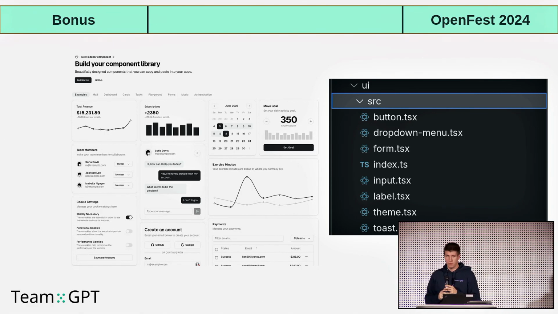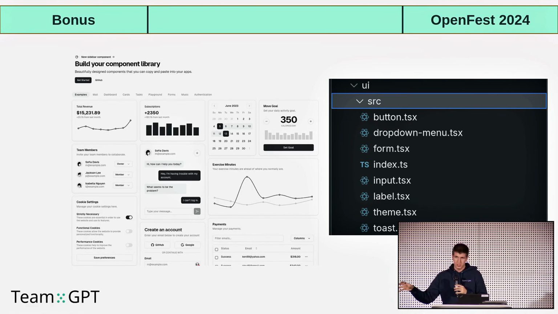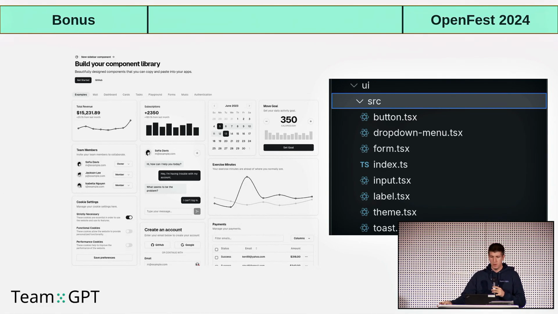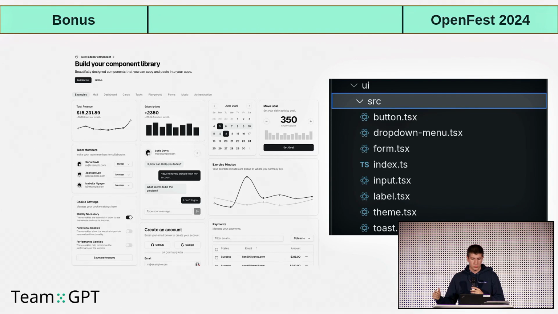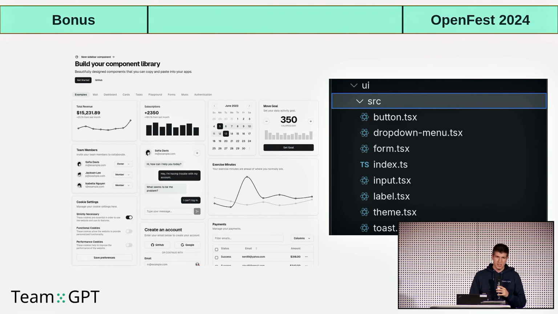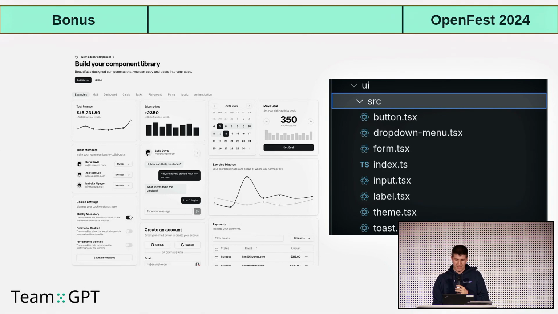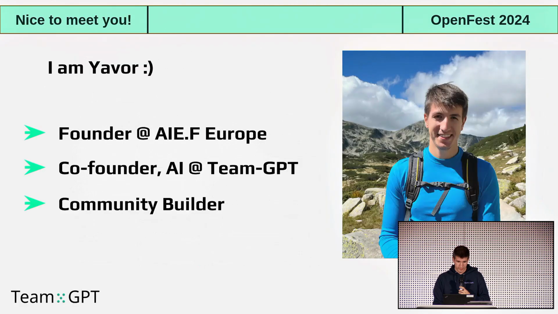They step on top of Radix UI, and you copy the source code into your project, and you can even extract them into a UI package to be reused by all the applications you have, mobile app, web app, and so on. Here you can see in my UI folder, I have added button, dropdown, form, only the components I need. I don't need to install a, I don't know, 500 megabyte package in my project.